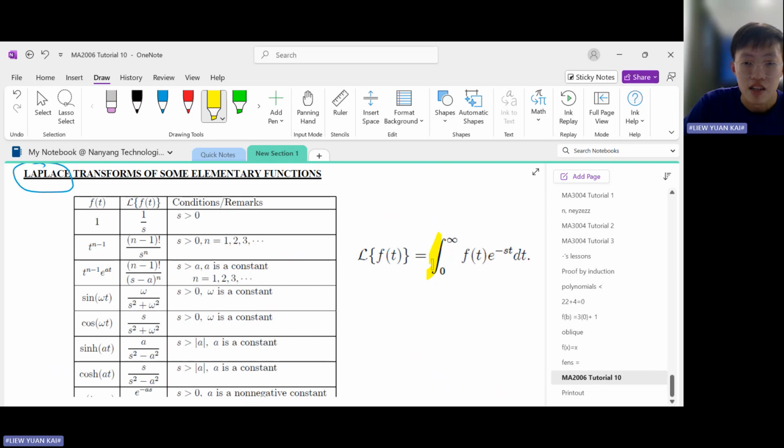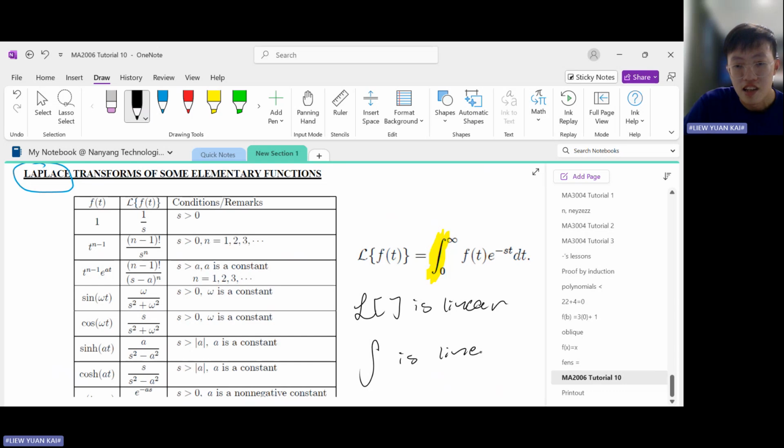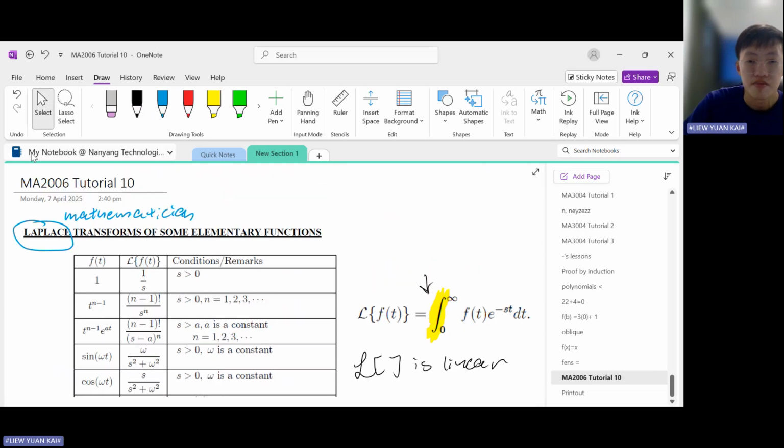And you see, since this is an integration, that's why I said that the Laplace transform is linear. The reason is because integration is linear. The Laplace transform is doing this integral, and you know for the fact that integrals are linear operations.